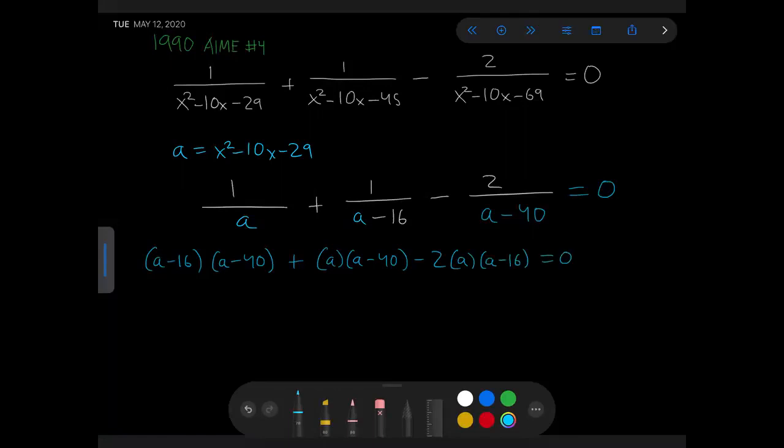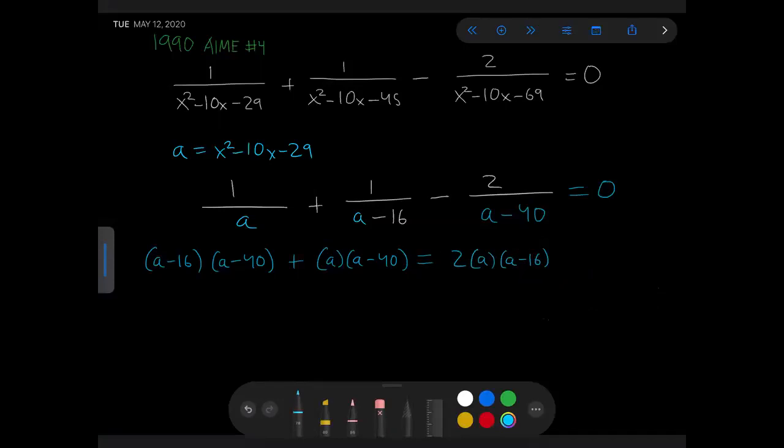We can bring the minus 2 times a minus 16 to the other side, so let's do that. And let me just erase all this to make it clear. Now we can expand everything out, right?